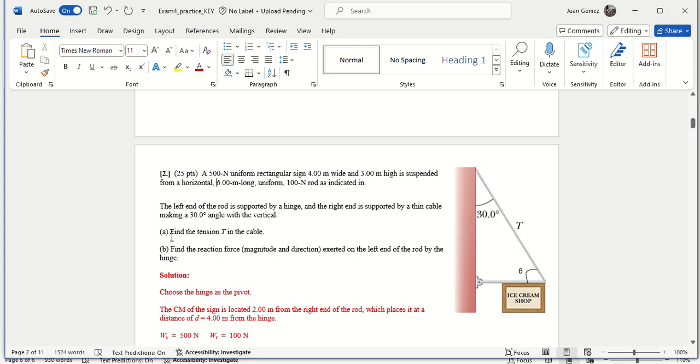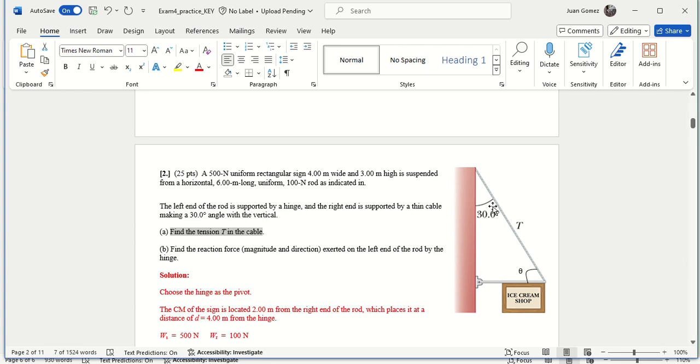And we want to find, again, the rubric never changes, the tension in the cable, the tension T, and the magnitude and direction of the reaction force that the wall exerts on the support rod.